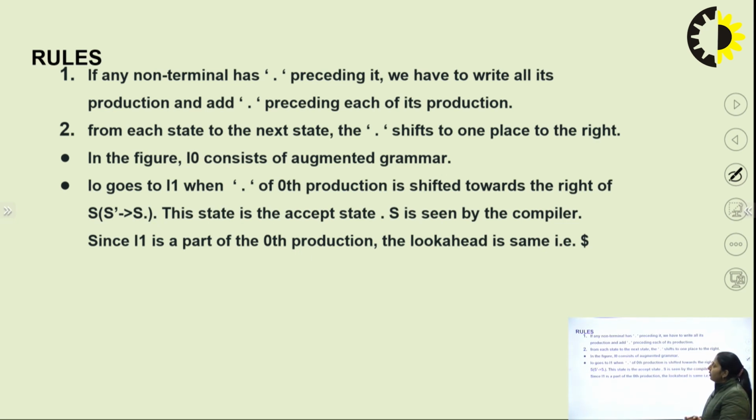If any non-terminal has a dot preceding it, we have to write all its productions and add a dot preceding each of its productions. Means if there is a production like S' gives dot S, then according to rule 1, we have to write all the productions of S with a dot in front of those productions.